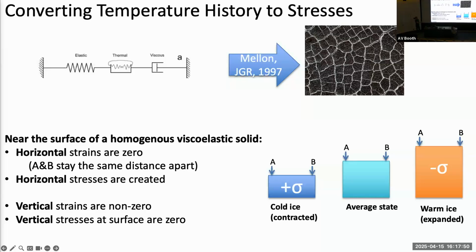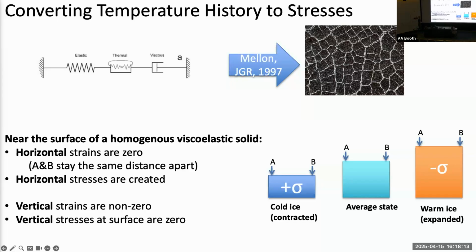The same is true when the ice heats up and it expands. Perpendicular to the free surface, it's free to expand as much as it wants. So there are no stresses in the vertical direction here, but considerable stresses can build up in the horizontal direction as the ice tries to expand sideways, but it can't, because the ice to the left and to the right is also trying to expand sideways.